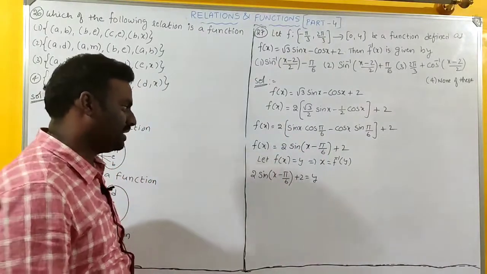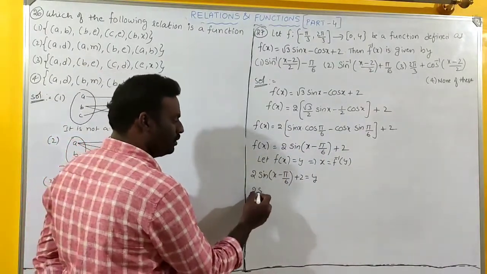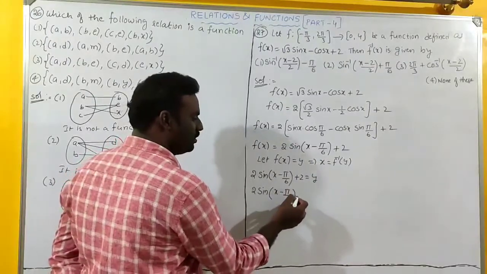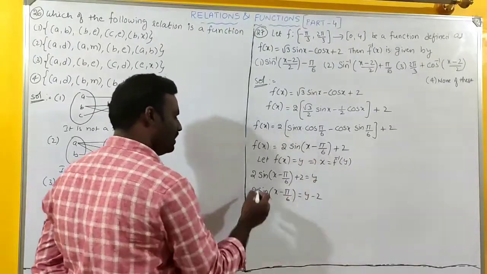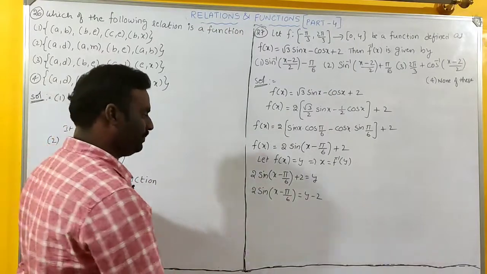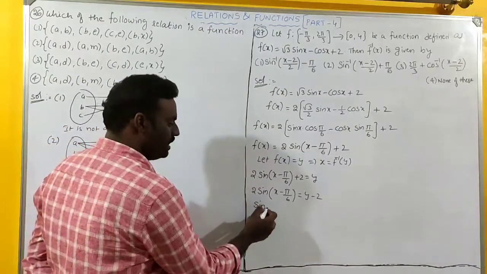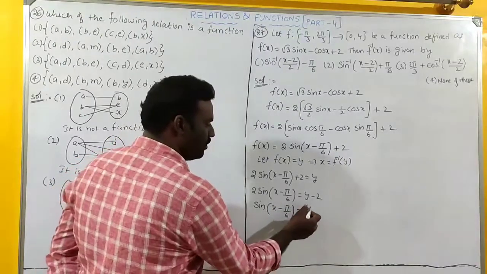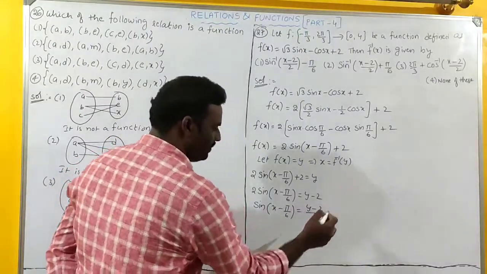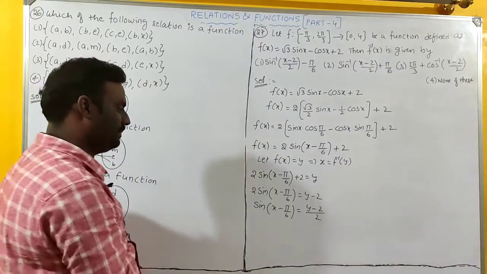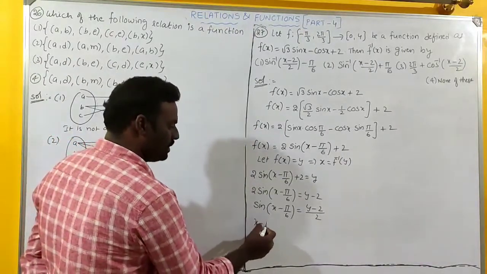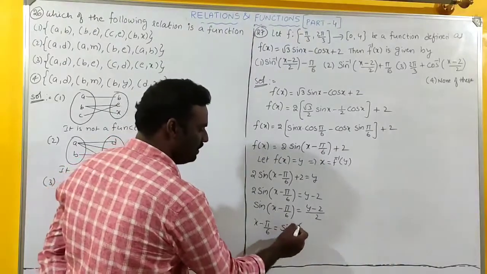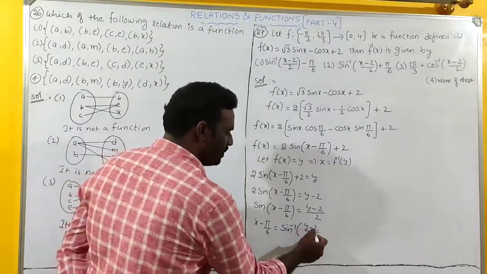Send plus 2 to that side. 2 sin x minus pi by 6 is equal to y minus 2. Send 2 to that side. Sin x minus pi by 6 is equal to y minus 2 by 2. Send sin to that side. Then x minus pi by 6 is equal to sin inverse of y minus 2 by 2.